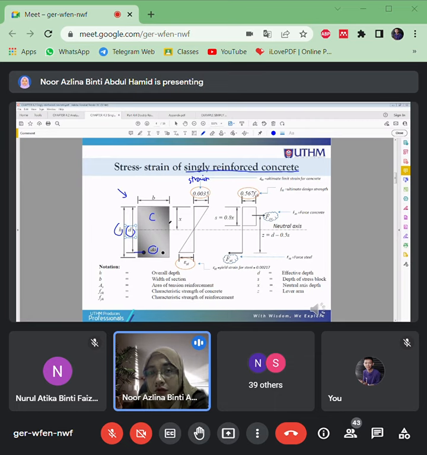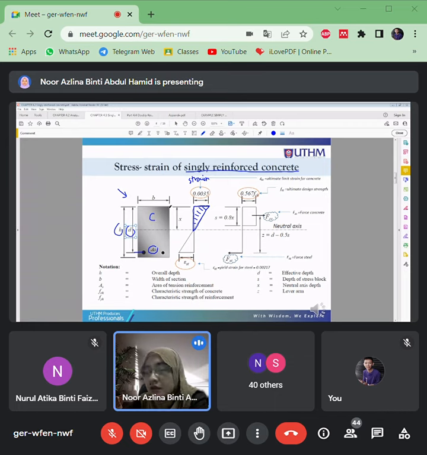Because concrete is very good in compression. It means it doesn't need reinforcement to resist the compressive stress. Okay, concrete itself will support those stresses. So that's why the top triangle here, which is the line of the strain block diagram, this is the strain for the concrete. Okay, the concrete will handle the compressive stress.